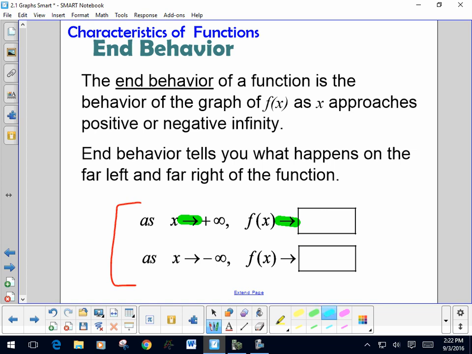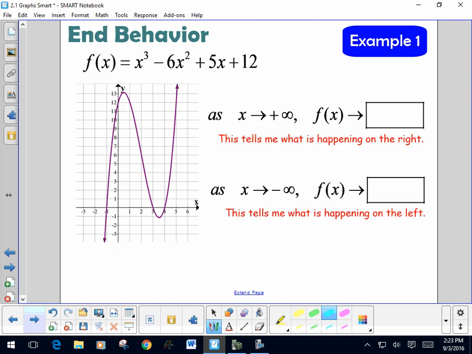So the second one would say as x approaches negative infinity, f of x approaches, and then we would fill in wherever the function was going. So if I'm saying the word approaches, this is what the arrow is. It's approaching. Sometimes you'll also hear people say goes to. As x goes to negative infinity, f of x goes to. It's probably a little more proper to say approaches, but if you need to say goes to, that's fine.